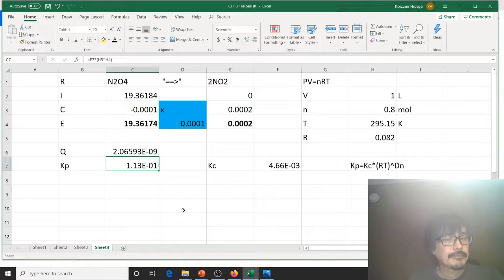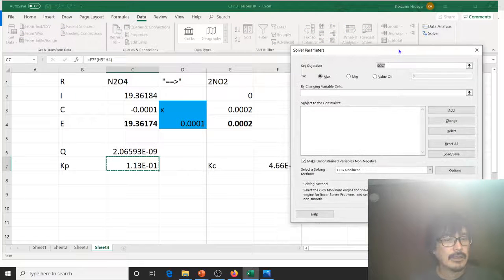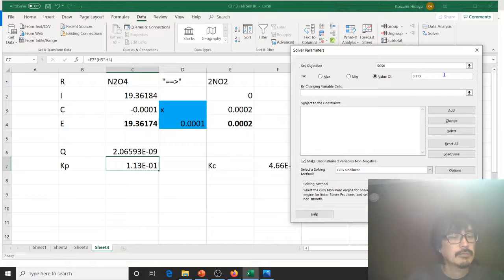Now I want to make this Q become this guy, right? So let's just do that one. Go to the data tab, solver, and then I am going to make this Q have a value of 0.113. I'm just reading off this value right here by changing that one.